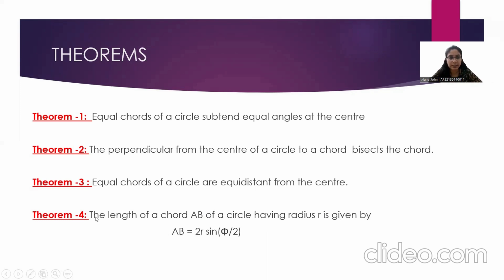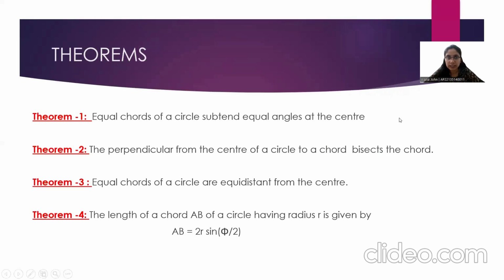So this theorem gives a direct formula for calculating the length of the chord AB, provided the radius R of the circle is given and also the angle phi is known. What is the angle phi? It is the angle subtended at the center by the chord AB. Clear?